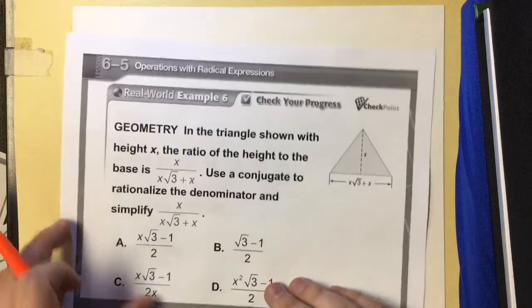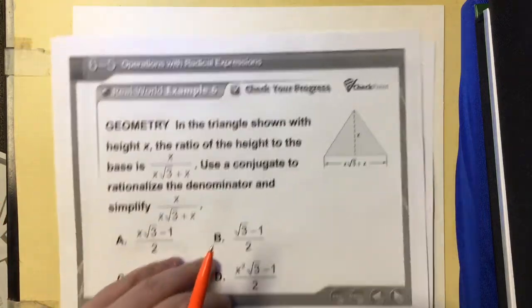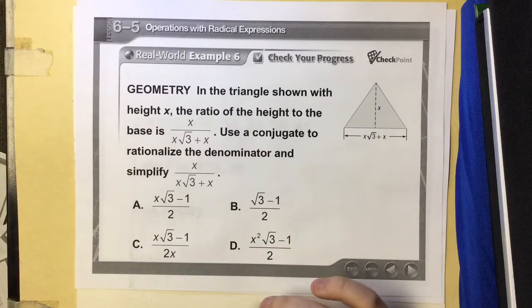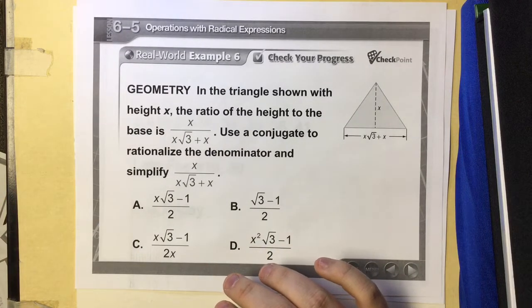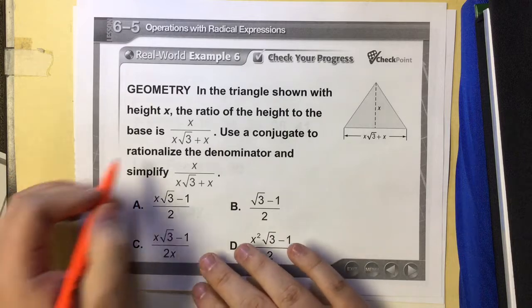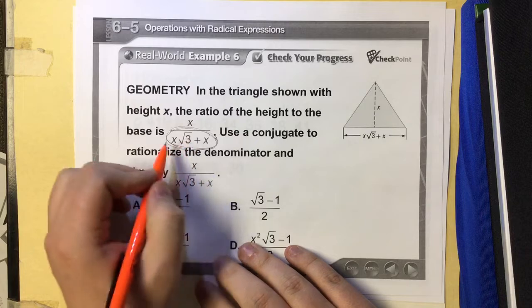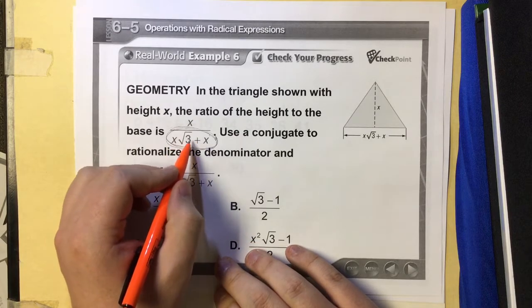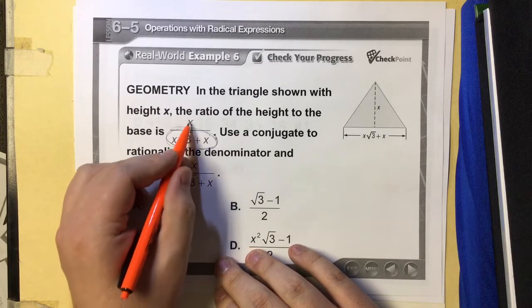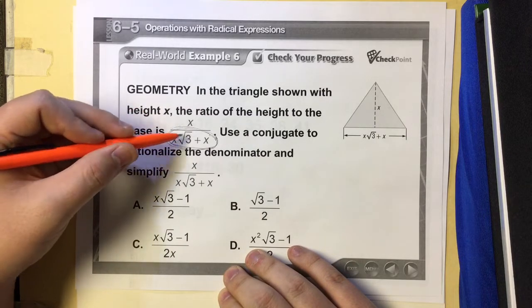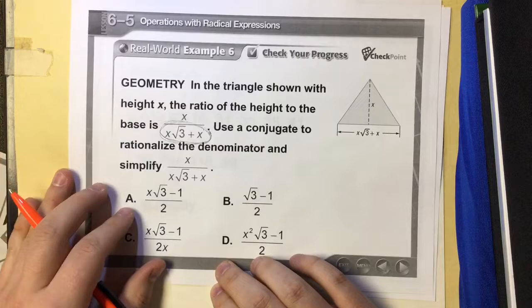All right, here is our last example, and this is the one where we work with the conjugate. In order to rationalize this denominator where it's a binomial, in order to get rid of that radical 3, we need to multiply top and bottom by the conjugate.